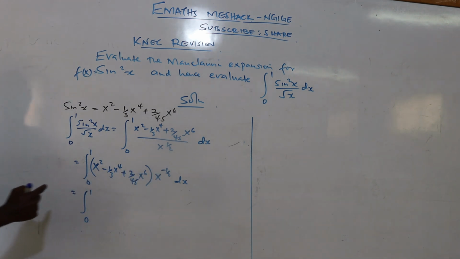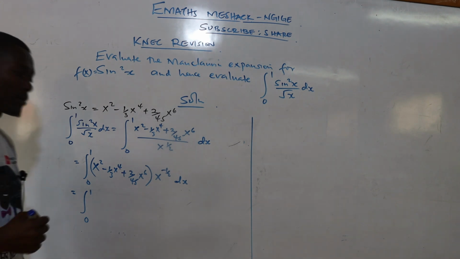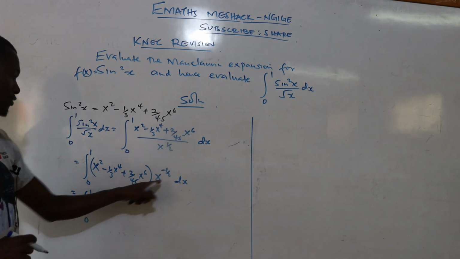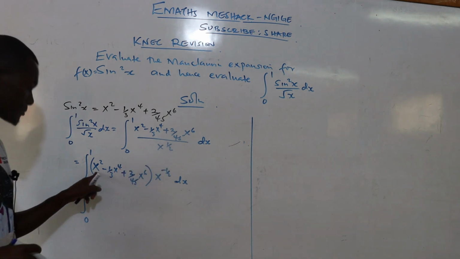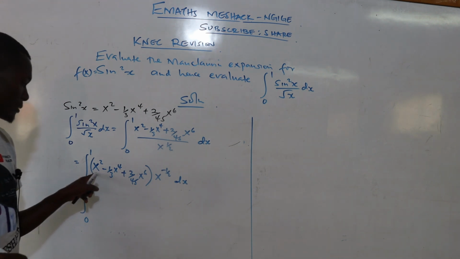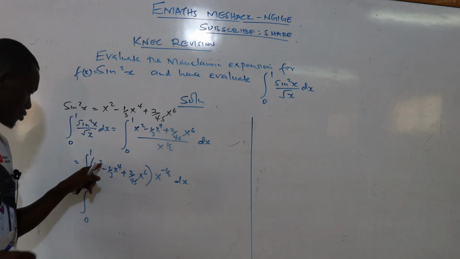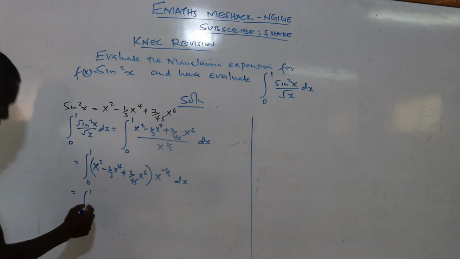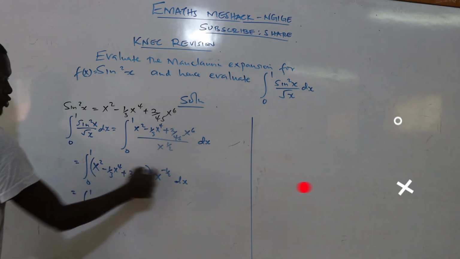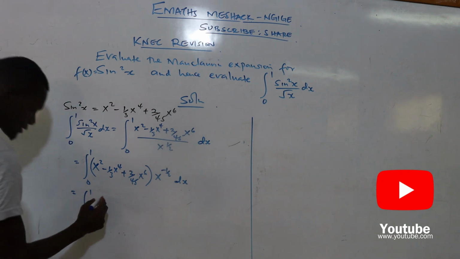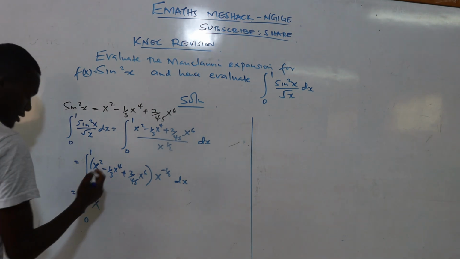Now, remember, when you are multiplying numbers with the same base, you do what to the powers? You add the powers. So if I multiply x to the power negative a half times x to the power 2, what I'm saying is the base is the same. So you just add the powers. So we shall have x to the power 2 minus a half, which gives us 3 over 2, that is 1.5.